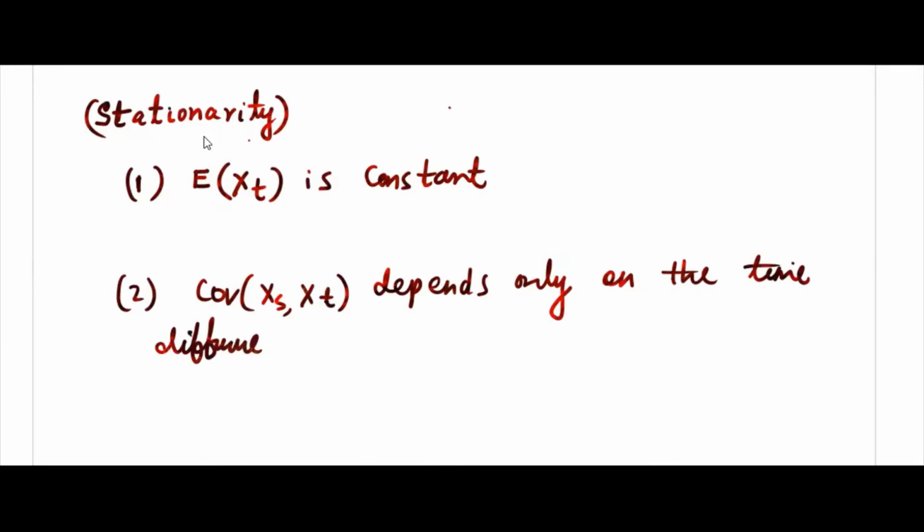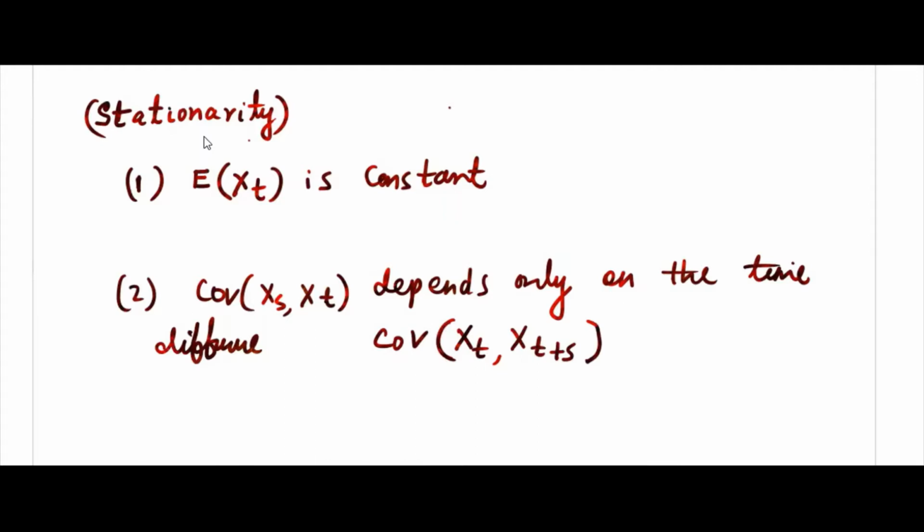If you want, you can write it this way, covariance of Xt, Xt plus s. There is one variable now, instead of writing two variables. Covariance of Xt, Xt plus s depends only on s. It's independent of the process, okay?